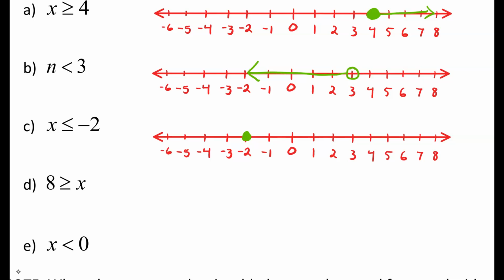So we're going to do a closed dot, and then it's going to be less than, so it is going to be pointing to the left. Now, if you notice too, if you have it set up with the variable on the left-hand side, whichever way that is pointing, you could think of that as your arrow, and that is telling you which way that line is going. But that is only if your variable is on the left-hand side.